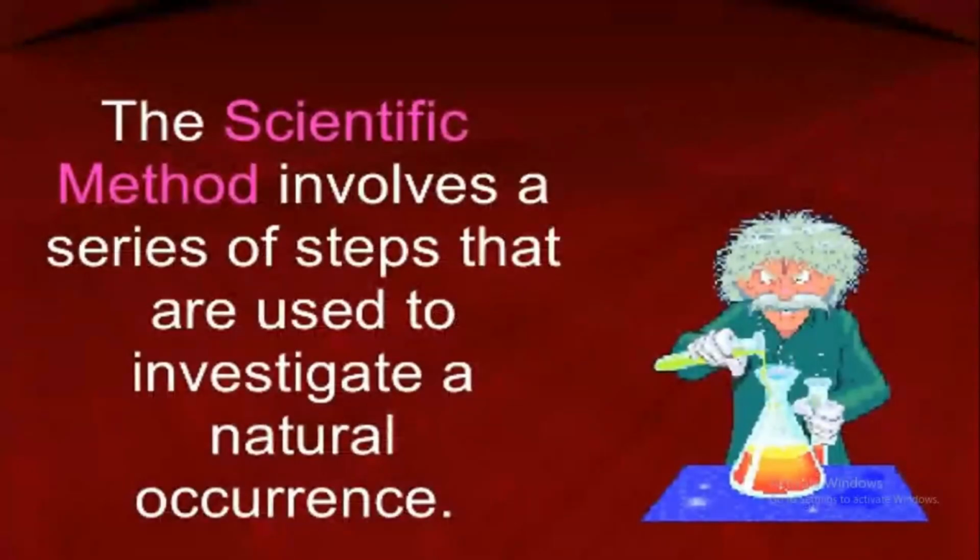So, the scientific method involves a series of steps that are used to investigate a natural occurrence, right? So, anything that is occurring naturally has to be investigated deeply and thoroughly, but with the help of scientific methods. So, what are scientific methods? The experiments and different observations that we make on the basis of experiments, these are all the parts of scientific methods, right?